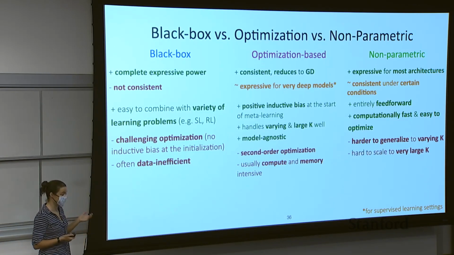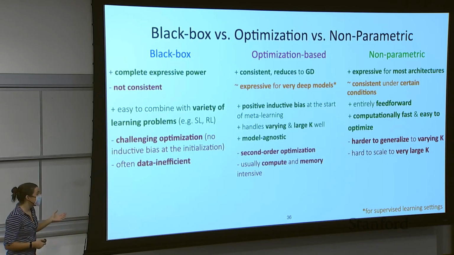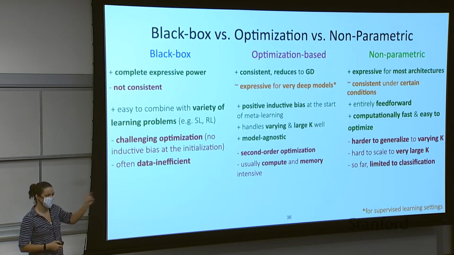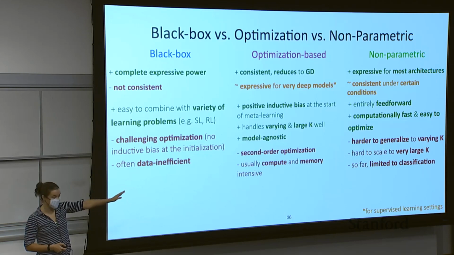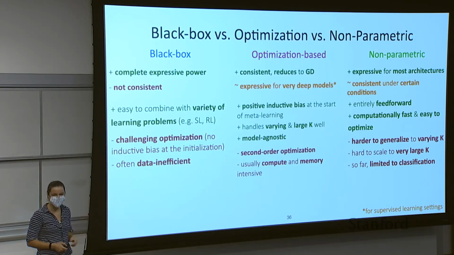And of course, they don't scale well to very large k because you need to do k comparisons or n times k comparisons. And then lastly, so far these methods are limited to classification. So overall, I think that if you have a classification problem, this class of methods is really great. If you have a regression problem, for example, these approaches are less applicable.